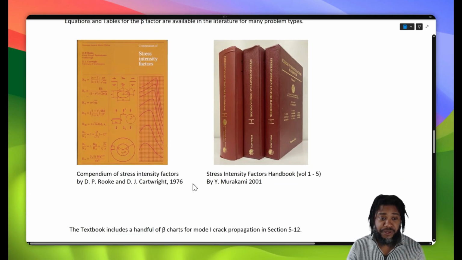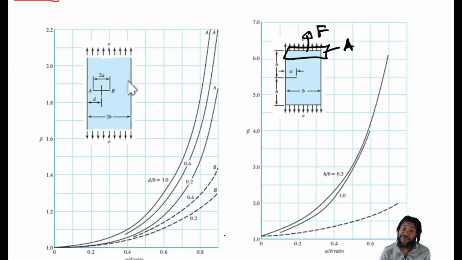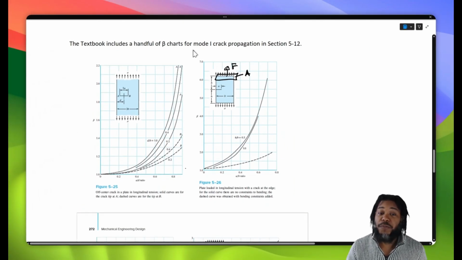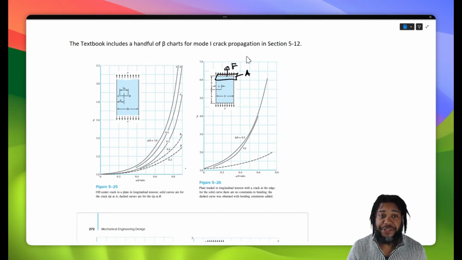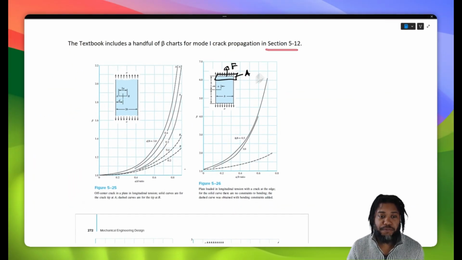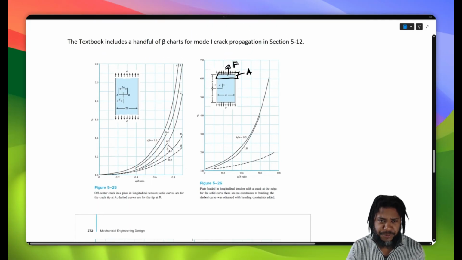and loading. Now, our textbook also includes a handful of beta value charts for mode 1 cracking and a couple of different geometries. These charts are located in section 5.12 of our book. So a couple of examples we have here.